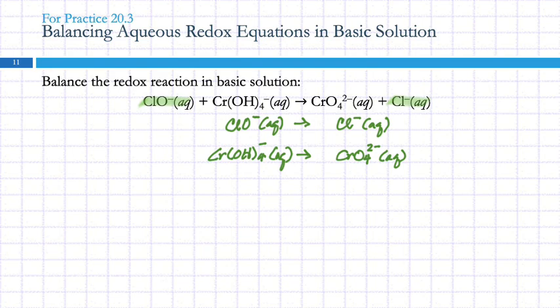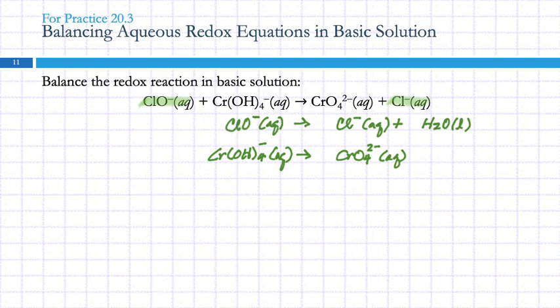Balanced for mass. 1 chlorine, 1 chlorine. There's 1 oxygen here. There are no oxygens. So how do I balance the oxygen? Adding water. Okay, so I'm going to add a water molecule over here. So now I have 1 oxygen on each side.